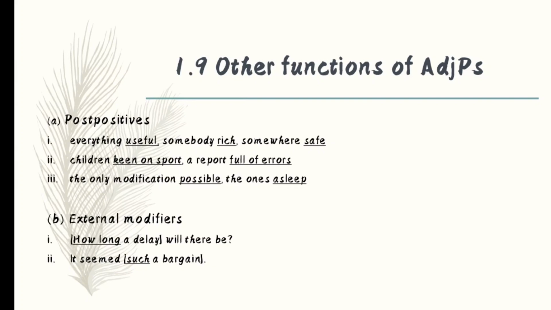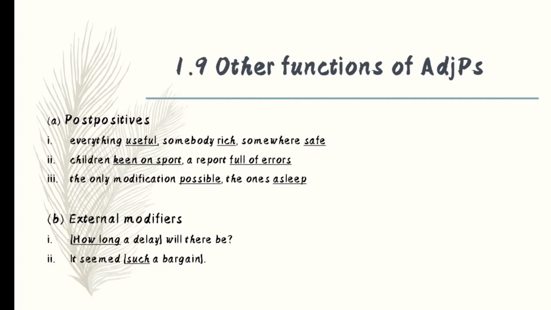"How long" is an adjective phrase, and it occurs at the beginning of the noun phrase "a delay." "How long" is an adjective phrase and "a delay" is a noun phrase. Besides that, "how long" also occurs before the indefinite article a. So this is called external modifiers.